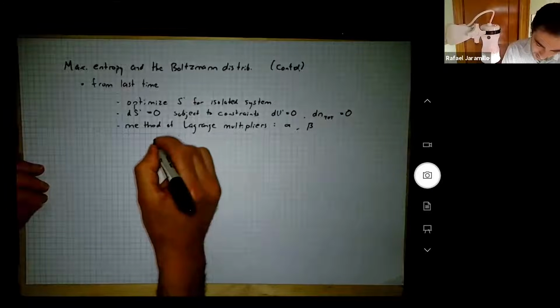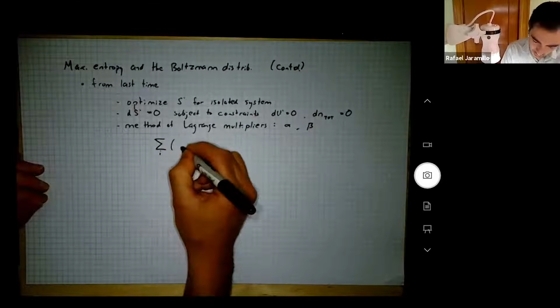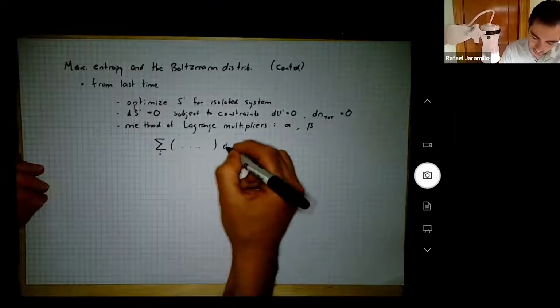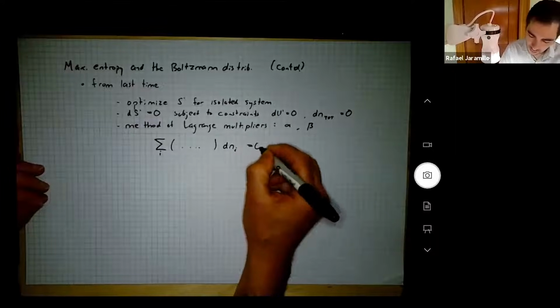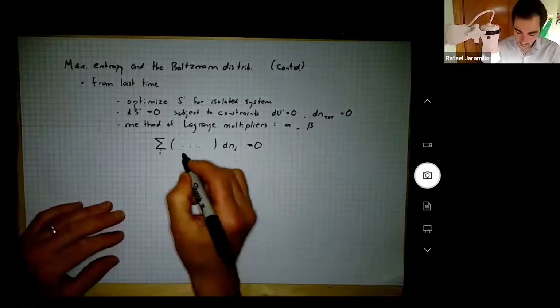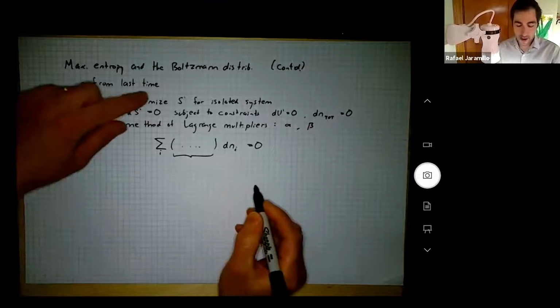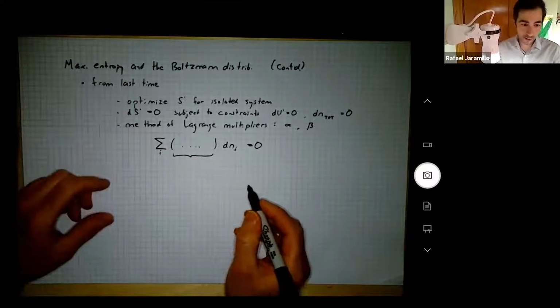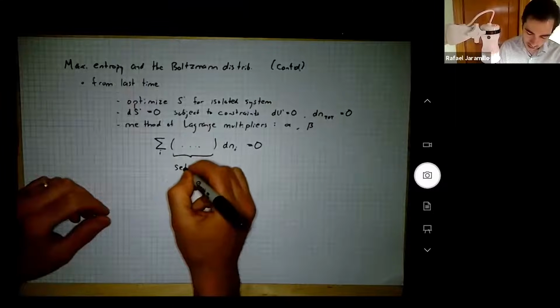And we had two of them because we had two constraints, alpha and beta. And we ended up with an expression with coefficients and independent variables. And in order to get our max entropy condition, or I should say optimized entropy, we had to set these coefficients to 0.